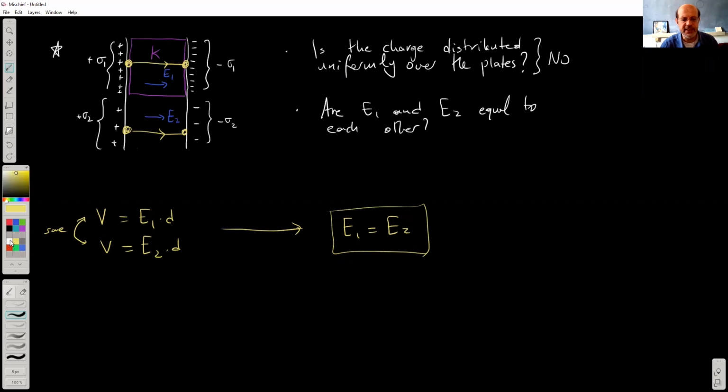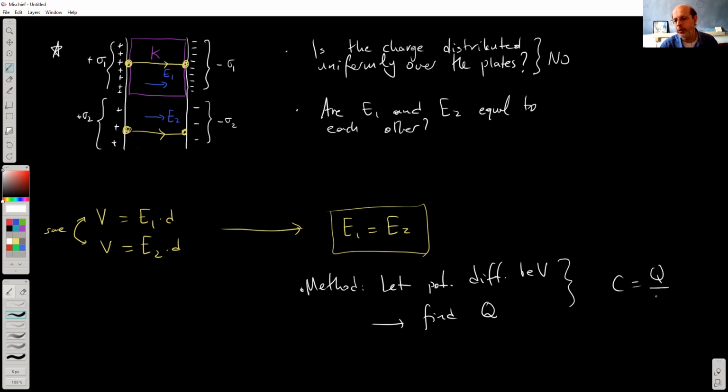This is the method in here: let the potential difference be V, and then find the charges on the capacitor plates. Then the capacitance would be Q divided by V. So our starting point is different. We assume that the potential has a known value, from this value we compute the charge on the plates, and then from the ratio, we find the capacitance.